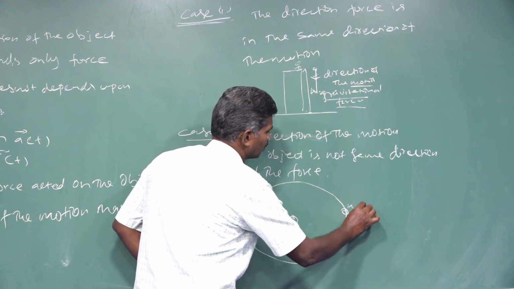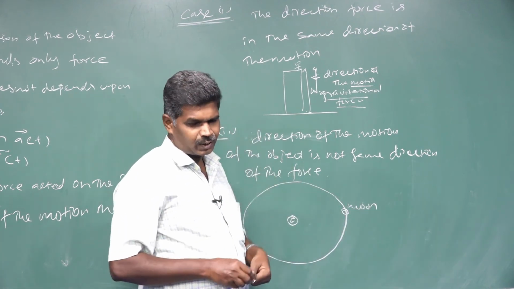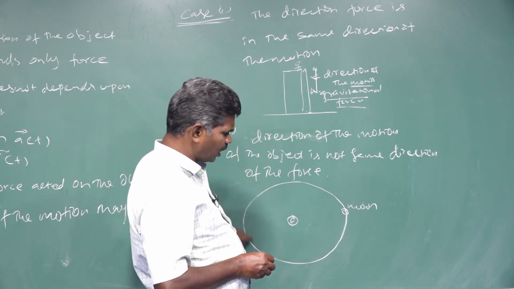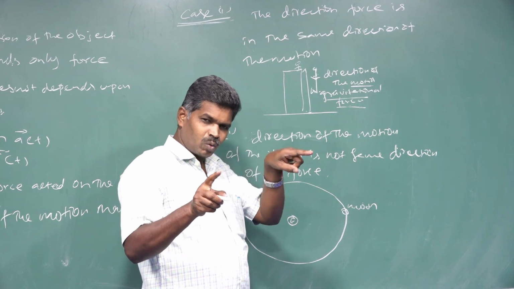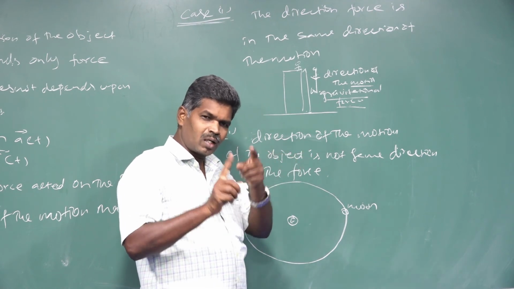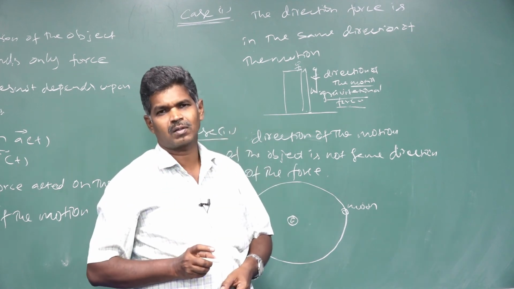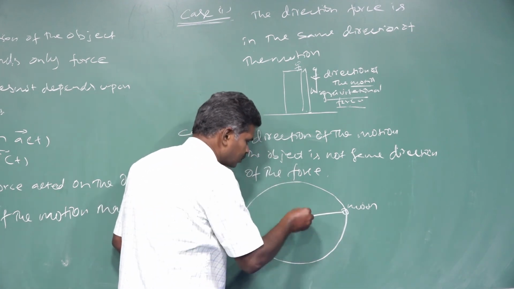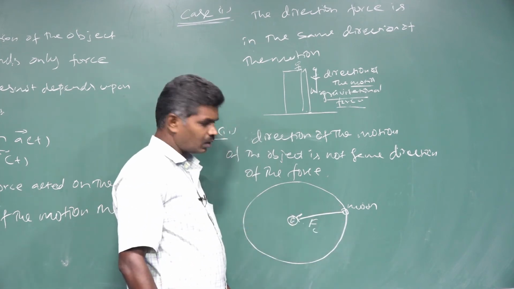For the movement of the moon in the elliptical path, what kind of force is acting? That is a centripetal force, acting towards the earth.